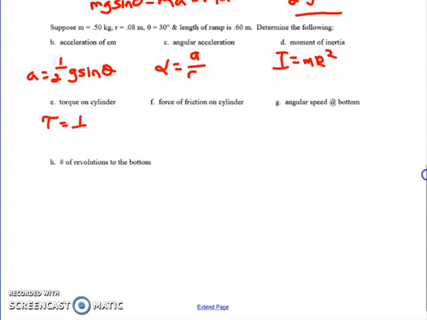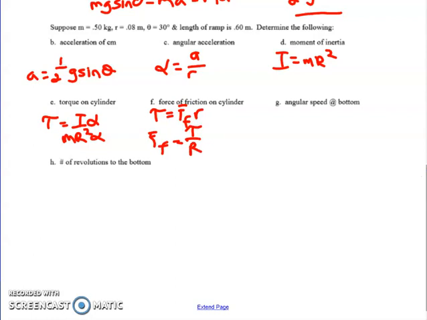Tau is going to be I alpha, which is mr squared alpha. Force of friction on the cylinder. We know that the force of friction is associated with the torque, so we can just say the force of friction is equal to the torque divided by the radius.